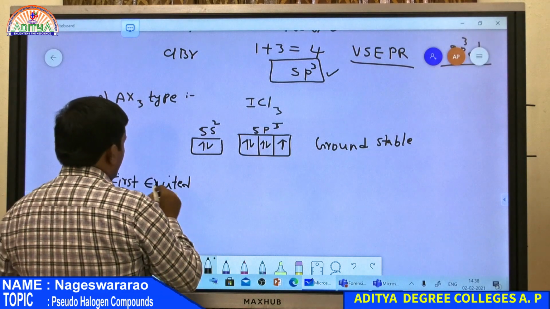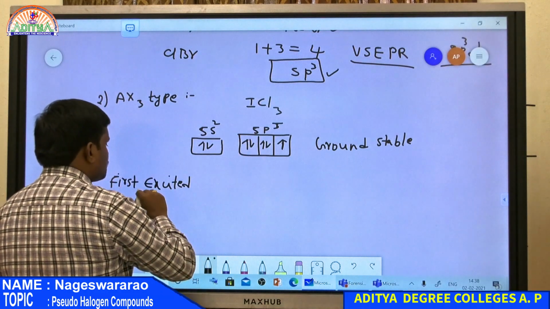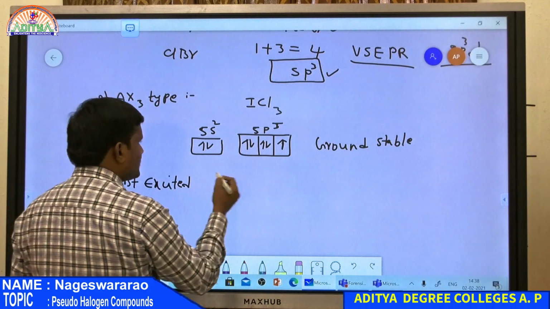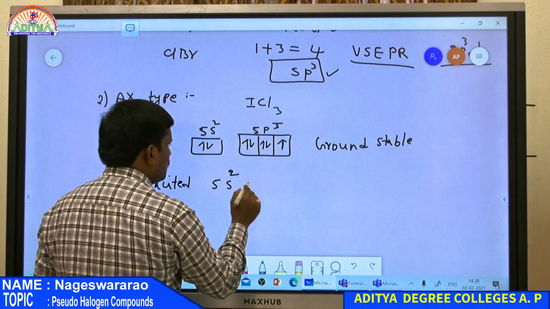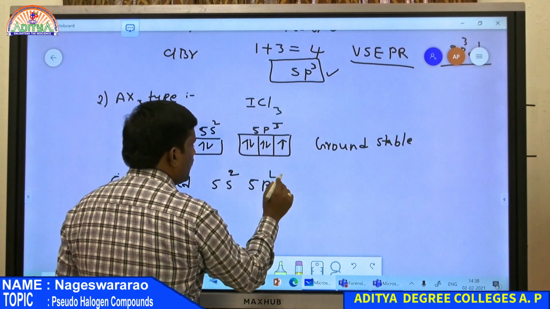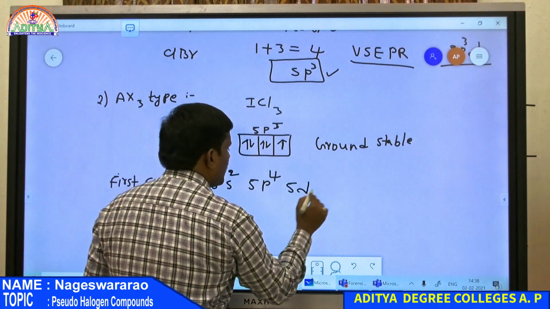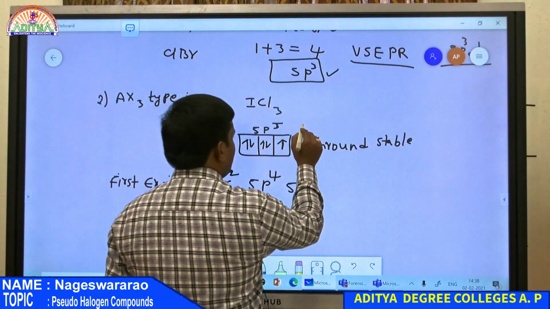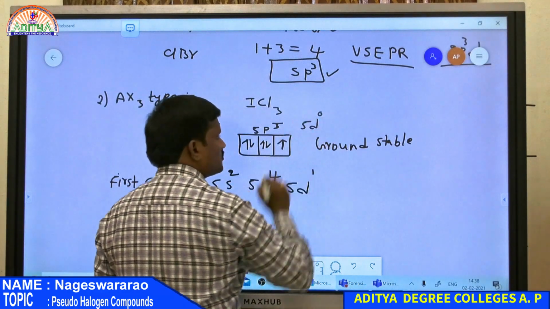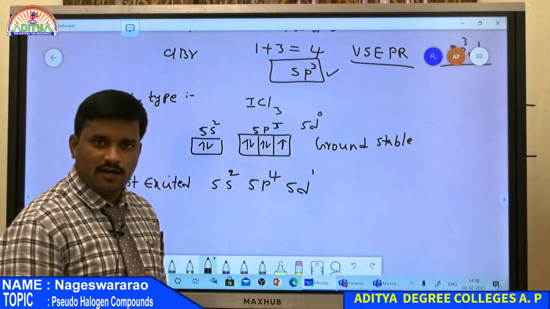So whenever iodine undergoes first excitation, its electronic configuration becomes 5s2 5p4 and the next orbital is 5d1. Initially at the ground state it has 5d0, so there is no electron present in the d orbital.